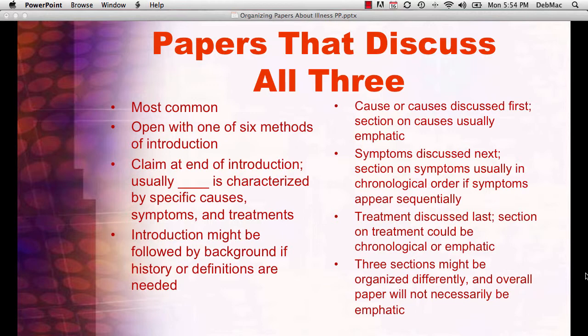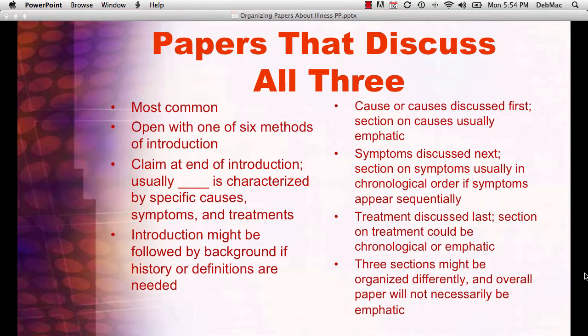If what needs to be discussed based on the data that you find is the treatment, then yes, the section on the treatment will be the longest. But if what you find the most data on that needs to be discussed the most is symptoms, then the section on symptoms is going to be longer than the section on treatment. So the paper will not necessarily be emphatic.